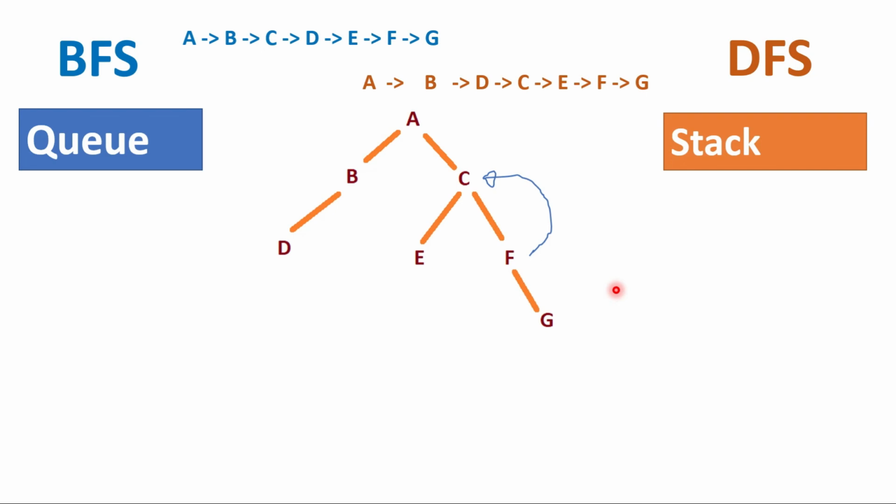So for that purpose, we need one thing that is called a visited flag. What it will do is, whatever vertex or node we are traversing, we will mark it as visited. Then if it is visited, I will not go for that.